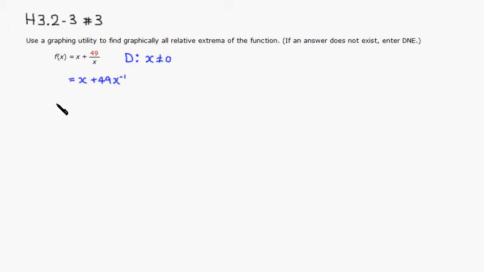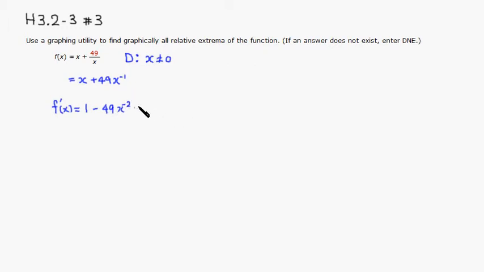So let's take the derivative. f prime of x is equal to the derivative of x, which is 1, and the derivative of 49x to the negative 1 is negative 1 put in front, negative 1 times 49 is negative 49, x, then subtract 1 from the power, so it's negative 2.